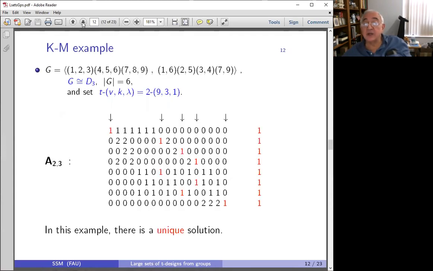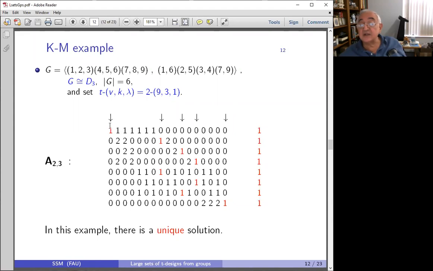I have a small example. If you take the group G generated by these permutations of degree 9, it turns out to be the dihedral group D3 of order 6. And if you set the parameters t, v, k, lambda to be 2, 9, 3, 1, so we are now looking for a 2-(9,3,1) design. You compute the matrix and it turns out to be this matrix here, and you're looking for columns that add up to the all-ones vector.